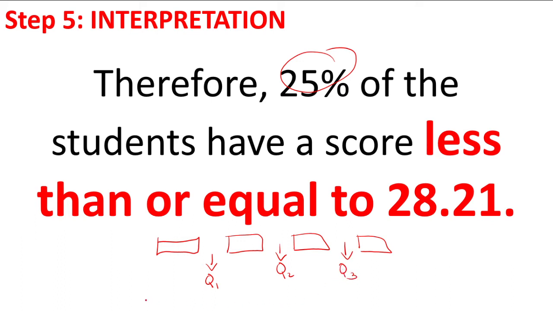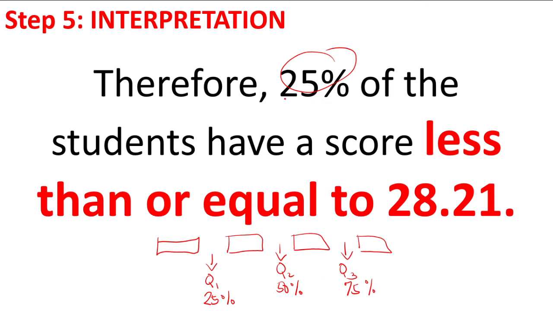Now, if we are going to relate it with percentiles, Q1 is 25% of the whole distribution. Second quartile is 50% of the whole distribution. And third quartile is 75% of the whole distribution. Now, when you interpret, you have to use percentage. Okay?